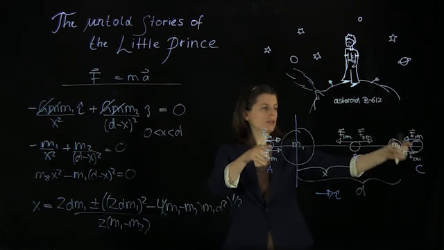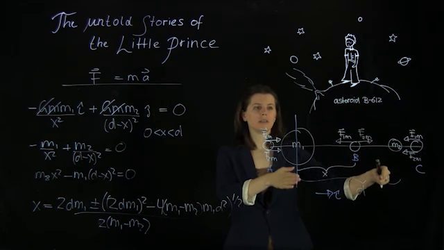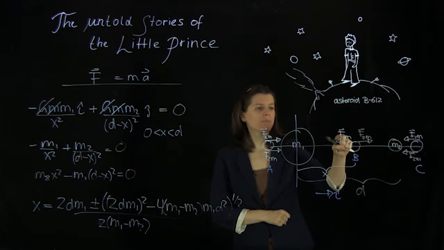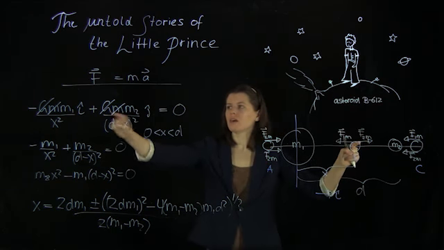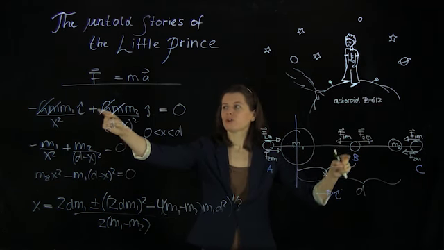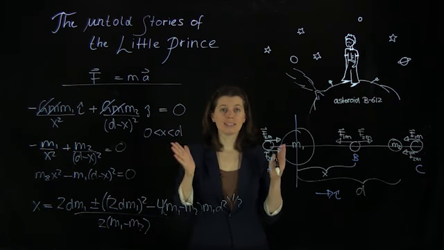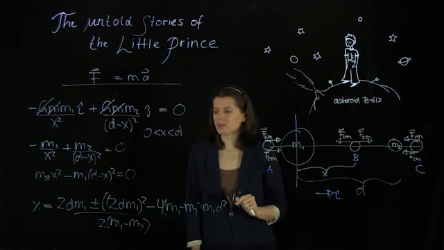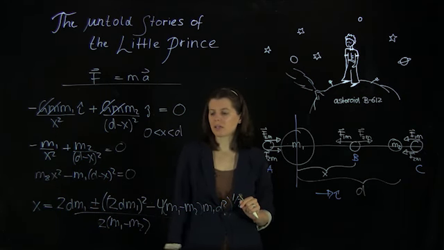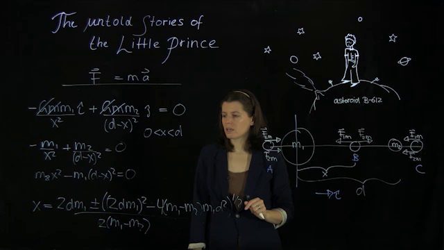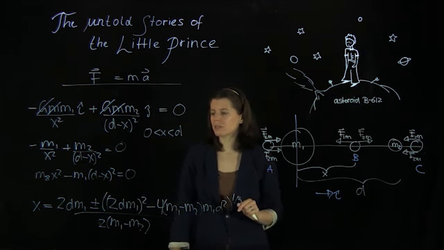If, in position C, my x is larger than d, which means this force here flips sign, and then this would be different. So this plus here refers to x being less than d. And we have to decide which of the two signs here gives us the correct solution, which fulfills this requirement here.